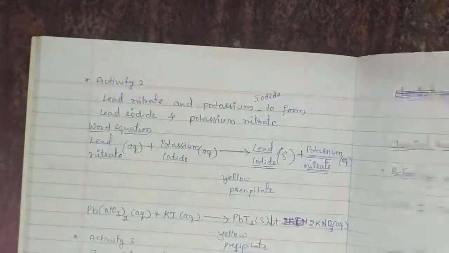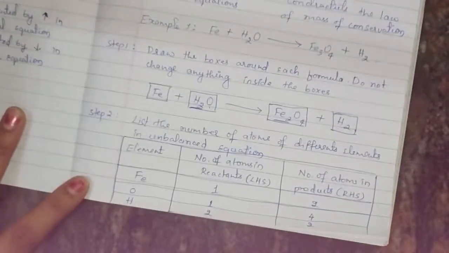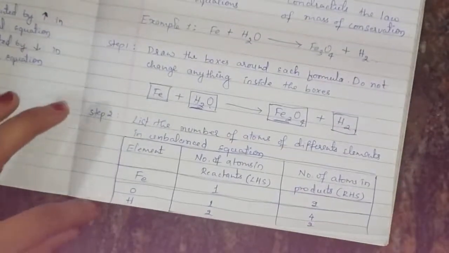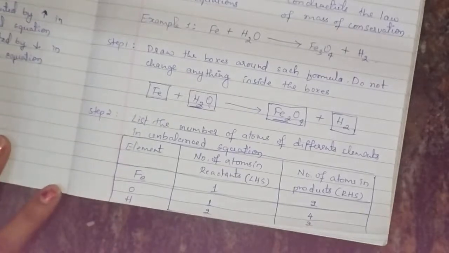See here, in the third step, we have to start balancing the chemical reaction with the compound that has maximum number of atoms.